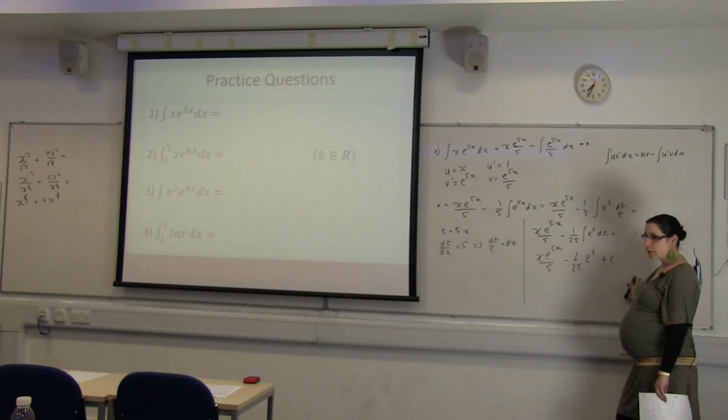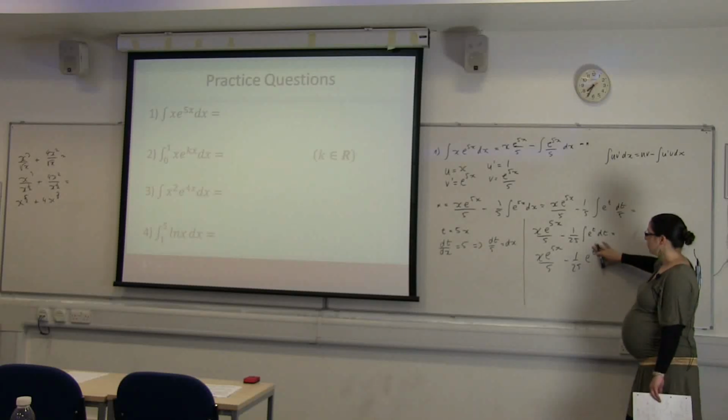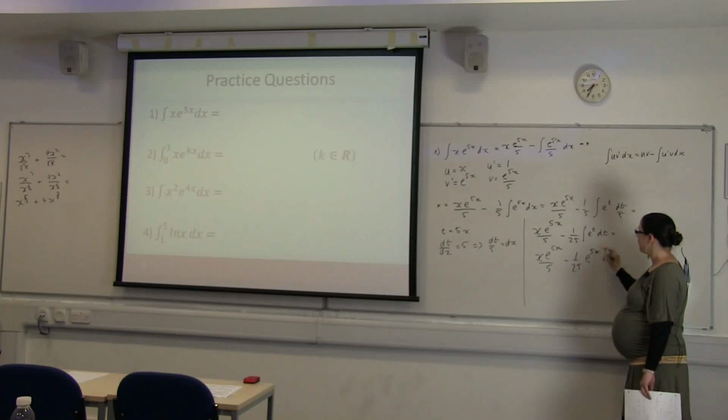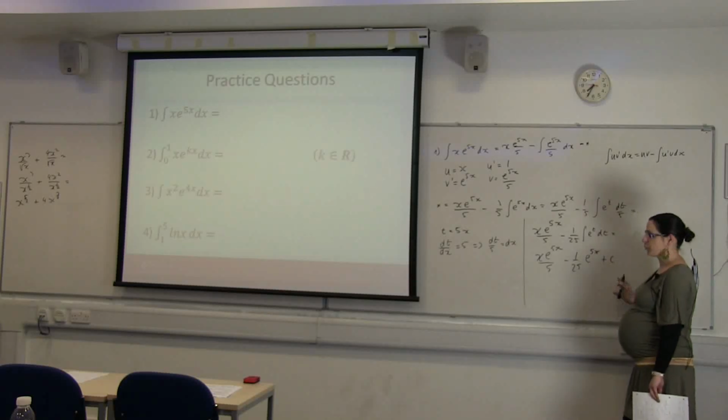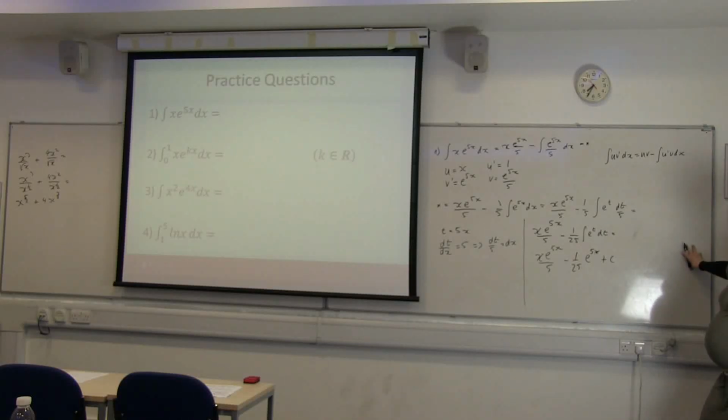And again, I will be very lazy. And because I have got the whiteboard, I can just simply wipe the t out and put 5x there. I just don't have more space to write it out again. And that is, again, the integral.